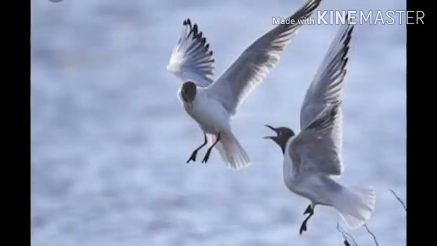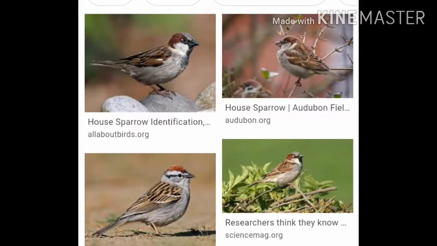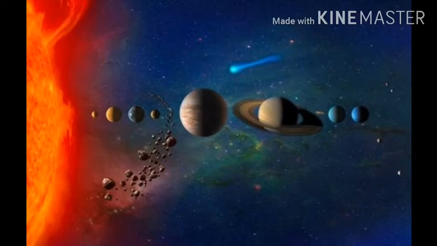Is there any problem during migration? Yes, there are so many problems during migration. The first one is the problem of wayfinding or navigation. This is an interesting aspect for many ornithologists: how are the birds able to find the way? Many explanations are there. During migration, birds try to set some landmarks.